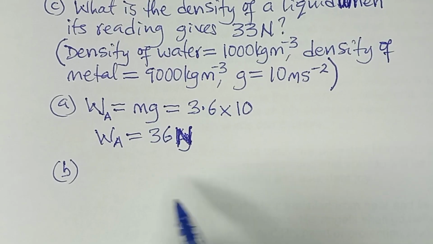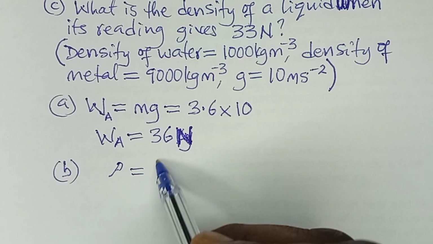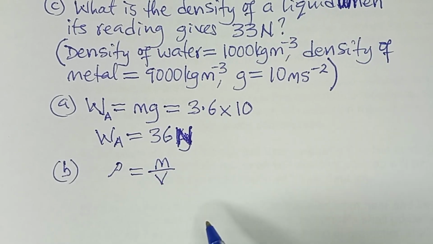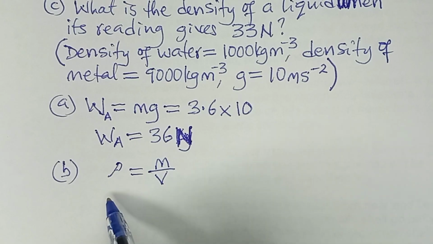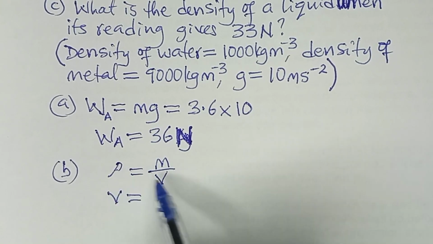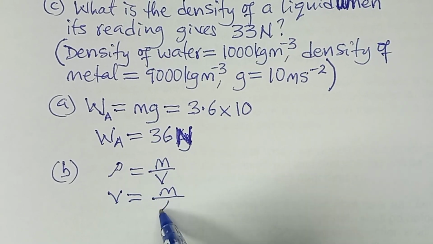Don't forget that density is equal to mass over volume. So from there, I can say volume. When we make volume the subject of the formula, I'll just simply interchange these two to get volume. So volume will be mass over the density now, which is rho.